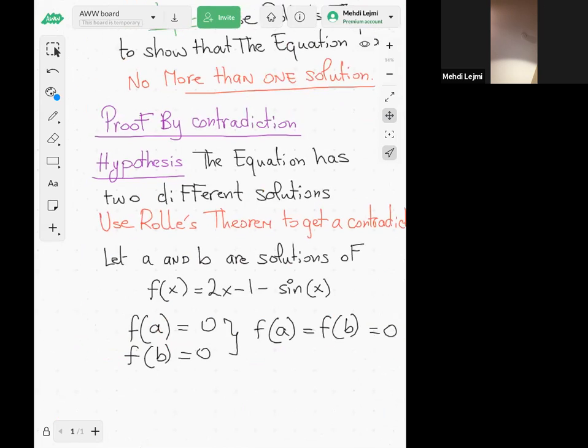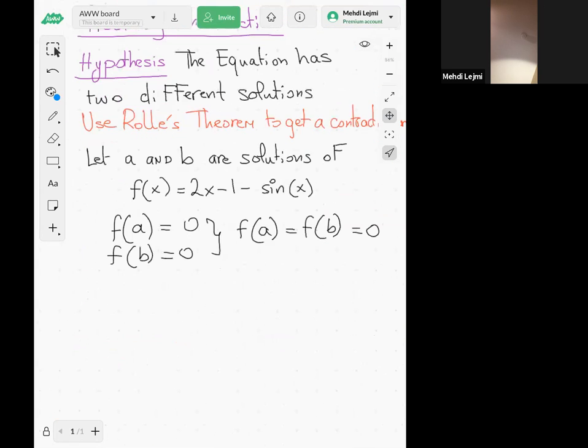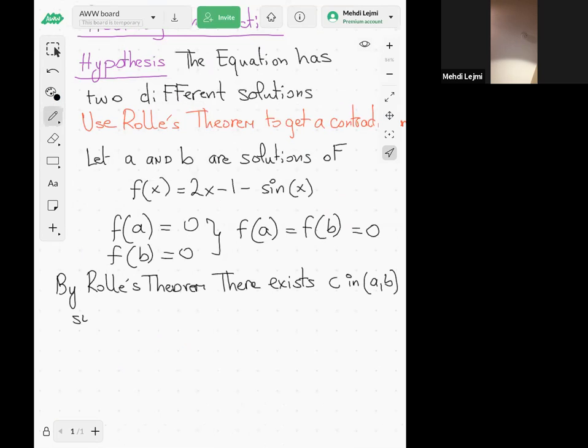So by Rolle's theorem, there exists a number c in the open interval (a, b) such that f prime of c is 0. This is similar to problem 5 in homework 9.